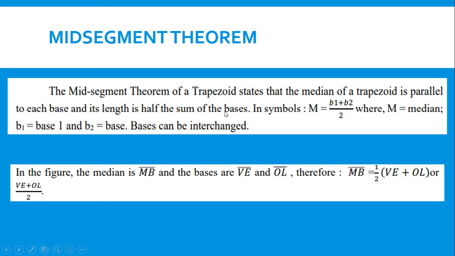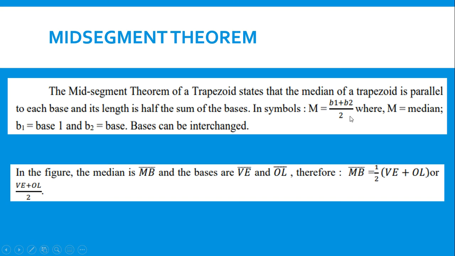Sige, balik ta. The midsegment theorem of a trapezoid states that, first statement, the median of a trapezoid is parallel to each base. Second statement, its length is half the sum of the bases. In symbols or in equation form, M equals B1 plus B2 over 2.